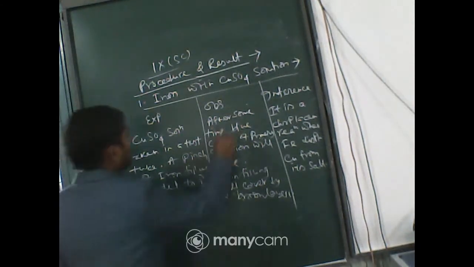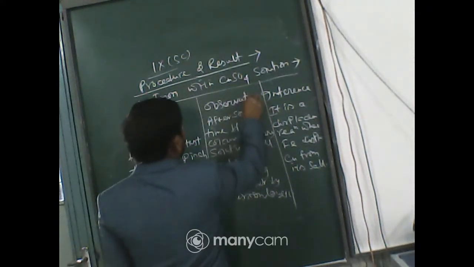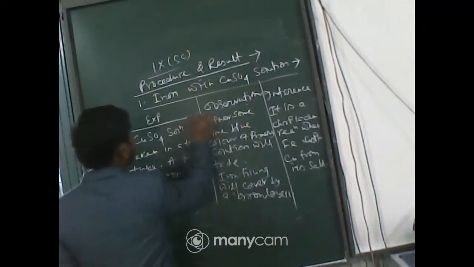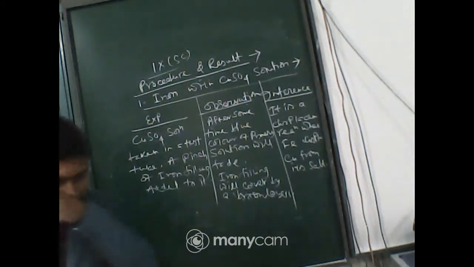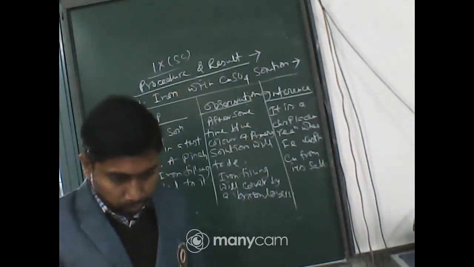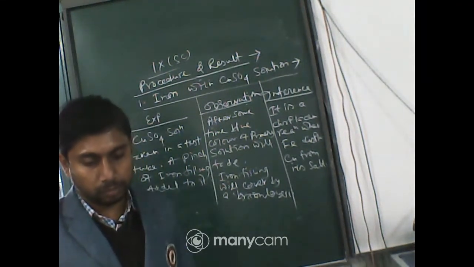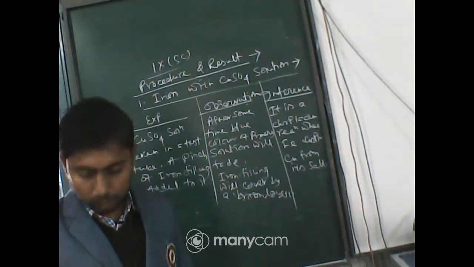This is observation. You have to divide in three parts: experiment, observation, inference. Understood? Okay.